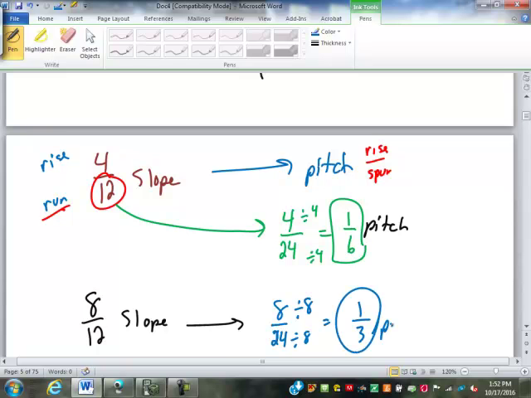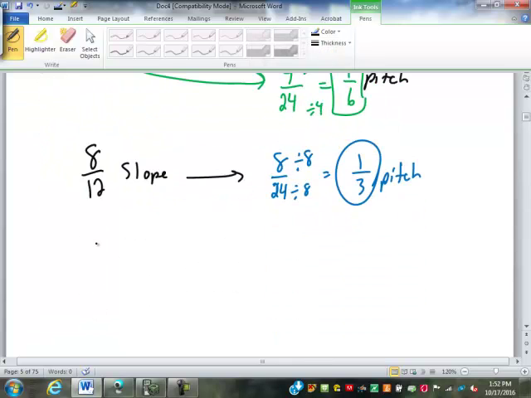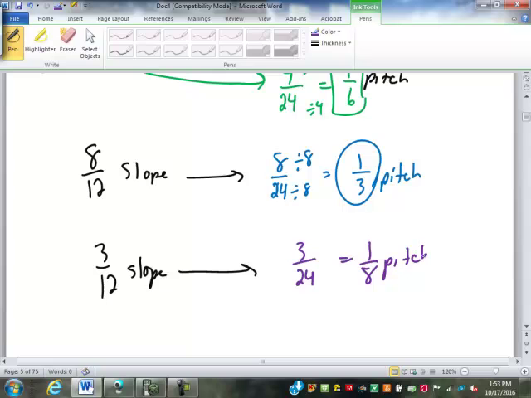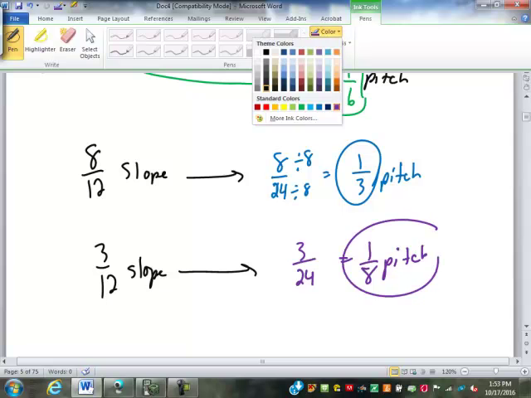This is the 1/3 pitch. In your notes, convert a 3/12 slope into a pitch for me, Craig. What'd you get? So it's a 3/24, which is, yes, a 1/8 pitch. Very good. I think you got that part down.